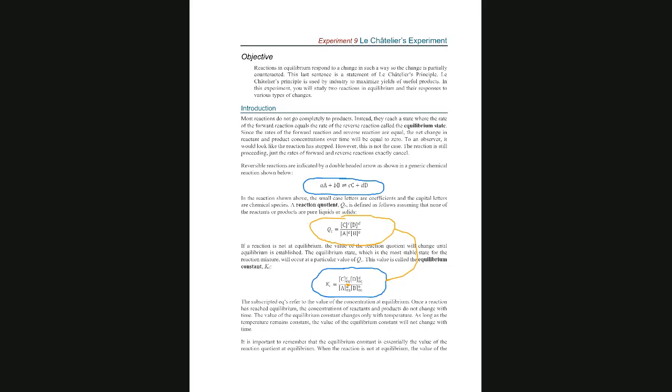Once the system reaches the equilibrium, the Qc equals the equilibrium constant. And then the value of the equilibrium constant will not change with time. Just as a refresher, the equilibrium constant, the K, only changes with temperature. So we can predict in which direction the reaction will proceed when we disturb the system. And that is all about this experiment.